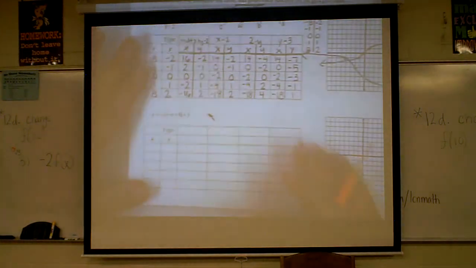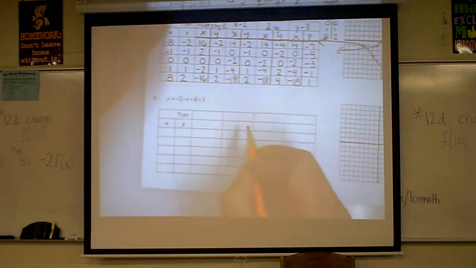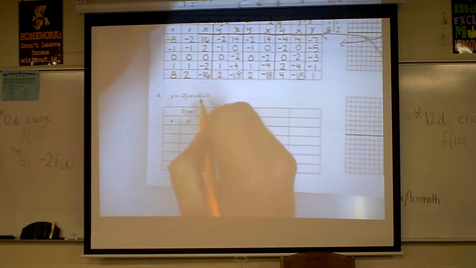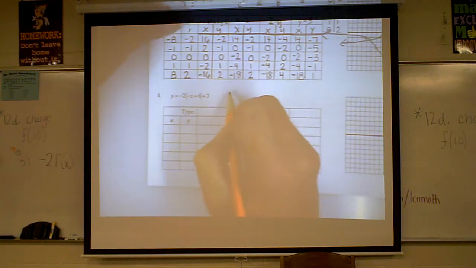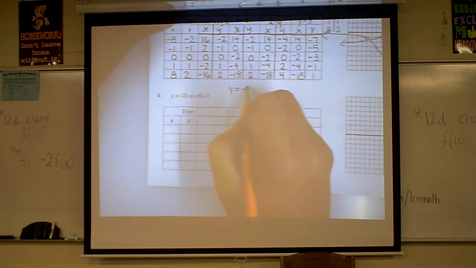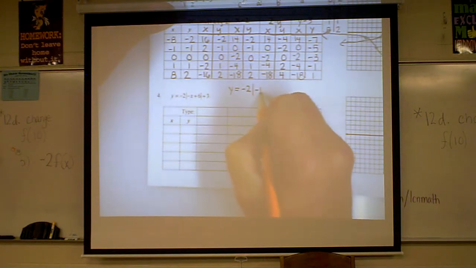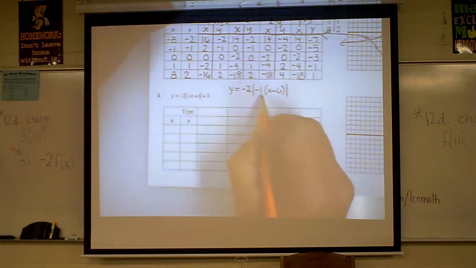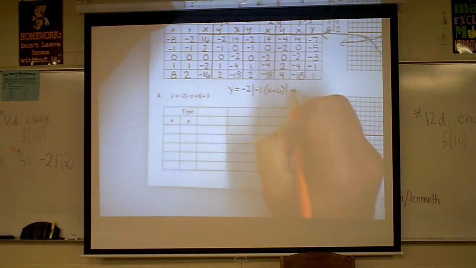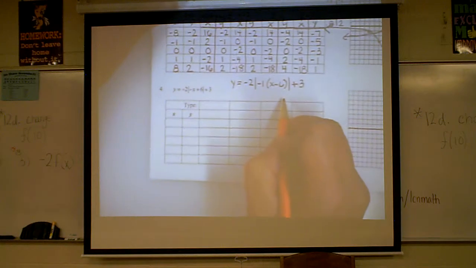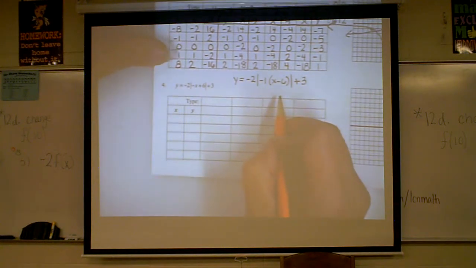Next, number 4. What you're going to want to do on this one is pull out that negative 1. So you have y equals negative 2, and then times negative 1, x minus 6. You have to pull the negative 1 out of these two. What is this? This is the absolute value function.